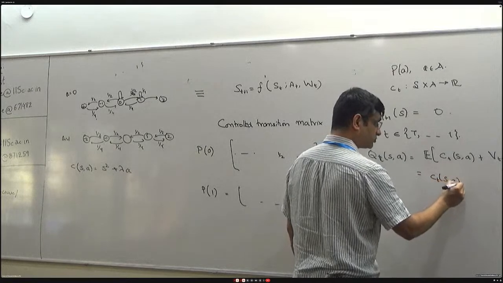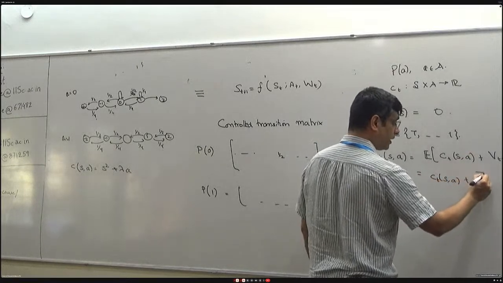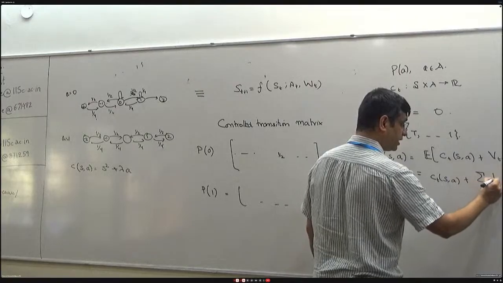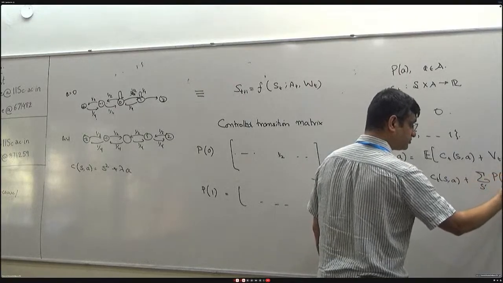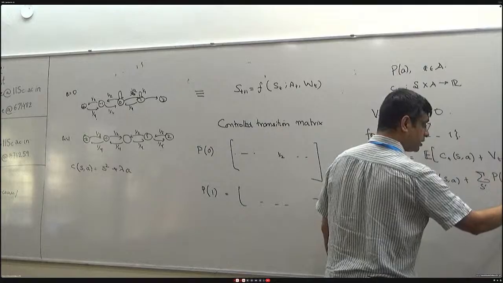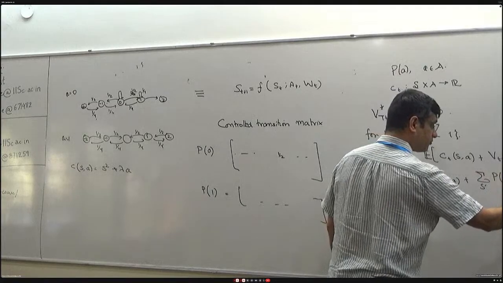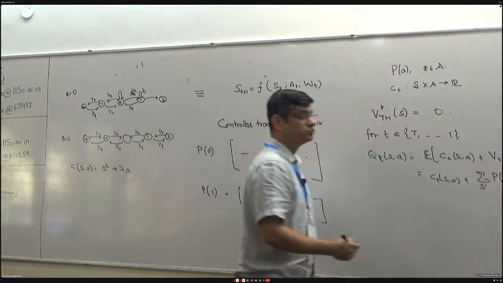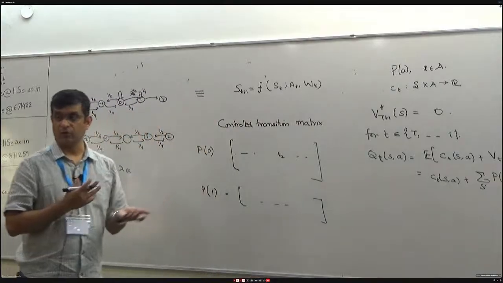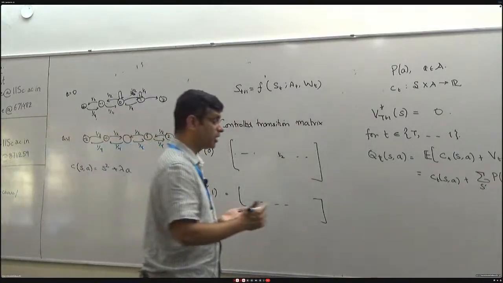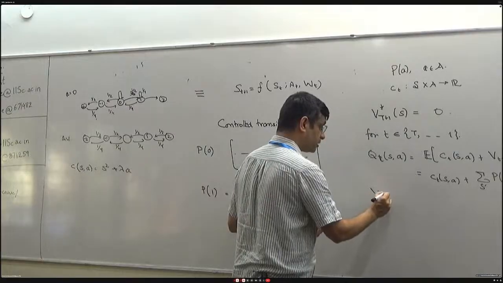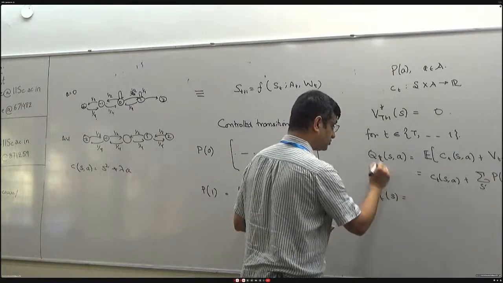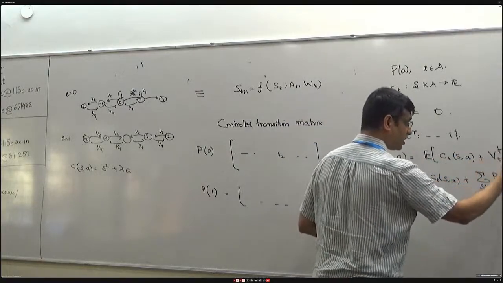The c t of s, a comes out of the expectation, plus a summation over the next state, the probability of the next state given the current state and action, times V t plus 1 of the next state. So, I can write it more compactly using a Markov chain evaluation formula, and the value function remains the same as before. These should be stars.